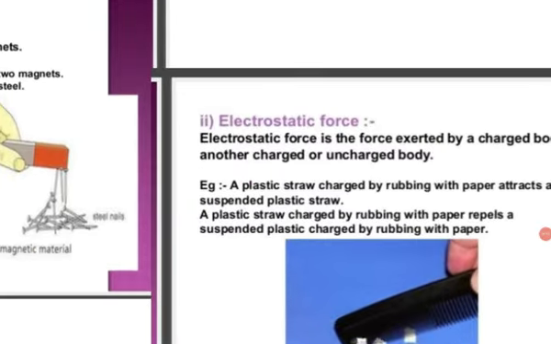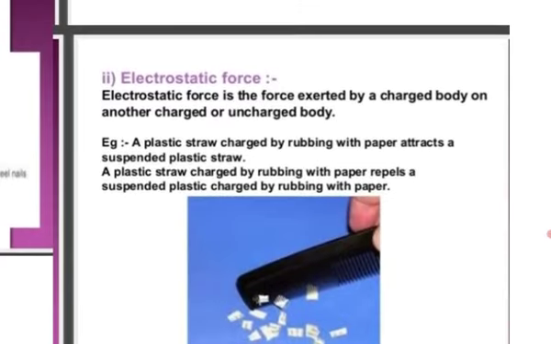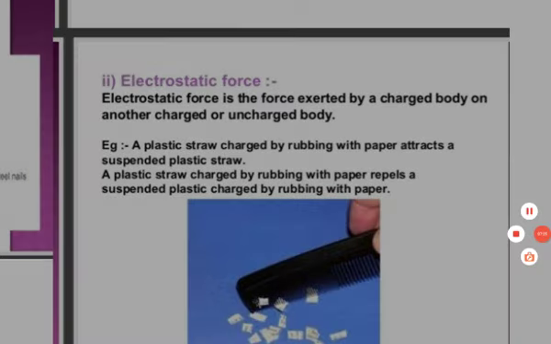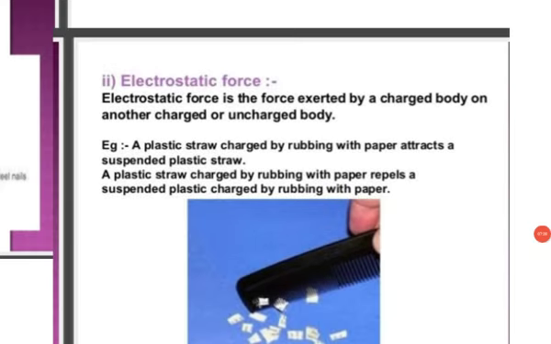Now, the second example of non-contact force is electrostatic force. Electrostatic force is the force exerted by a charged body on another charged or uncharged body. Electrostatic force is always created by the rubbing of objects. When we take bad conductor objects and rub them against each other, they will create a force.